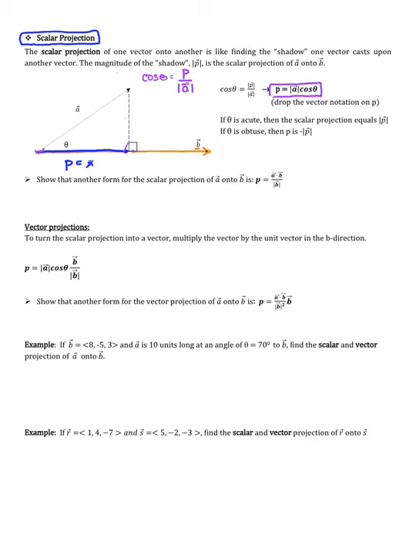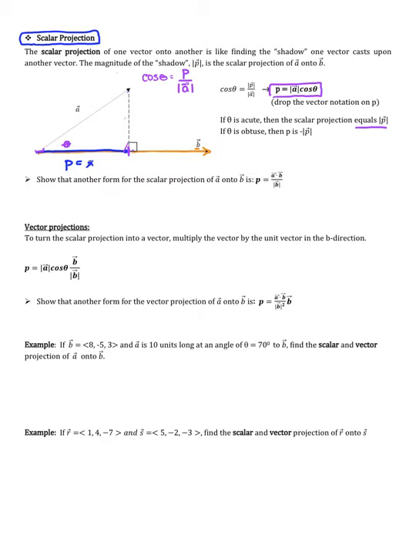It's really just right triangle trig. And if theta is acute, then the scalar projection is going to equal whatever the magnitude of P is. So it'll just equal, and we then drop the magnitude notation, and we just call it P. It's just a lot easier.